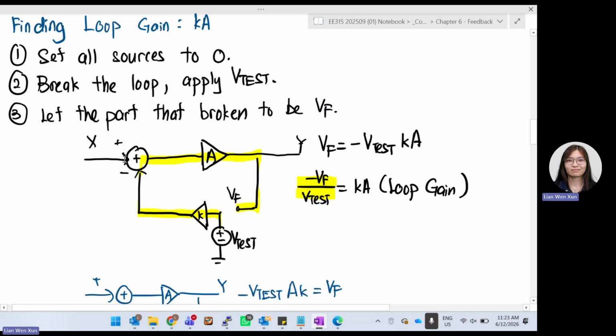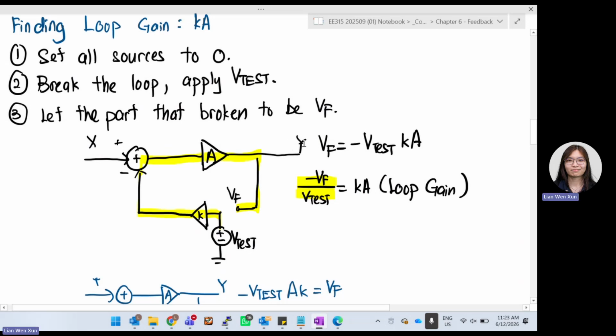So whatever input over here is X minus this part, so basically it's X minus K V-test. But X now is 0 because we want to ground all the sources. So here is basically 0 already. 0 minus K V-test, so it's negative K V-test.